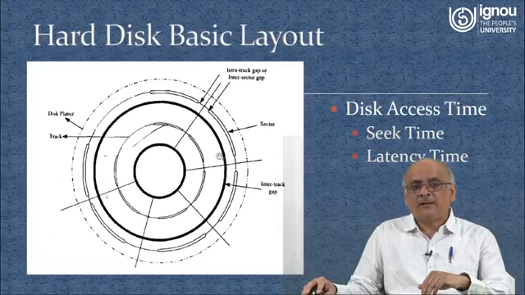Now what is the time of access of a particular disk? The first thing written is seek time. Obviously when I am referring to a disk, I have to move from one track to another, because my data may not be on this particular track.